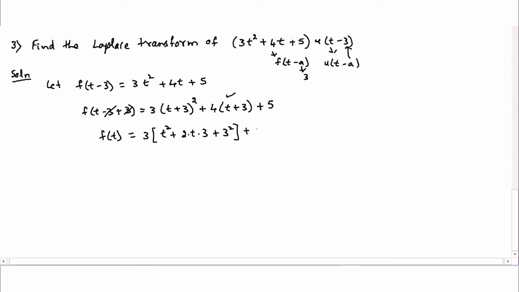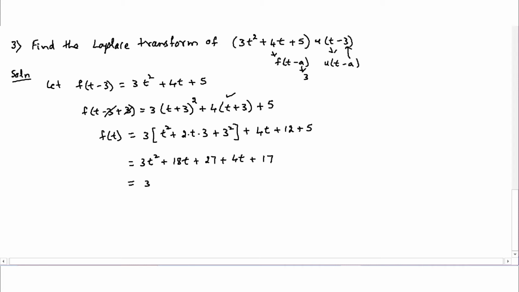plus. So here you just multiply this 4 inside. 4 times t will be 4t. 4 times 3 will be 12 plus this 5. Or further, if I simplify this expression, 3t square plus 6 times 3 will be 18t plus 9 times 3 will be 27 plus 4 times 3 is 12, plus 5, which will be 17.